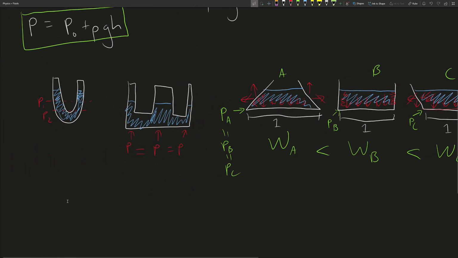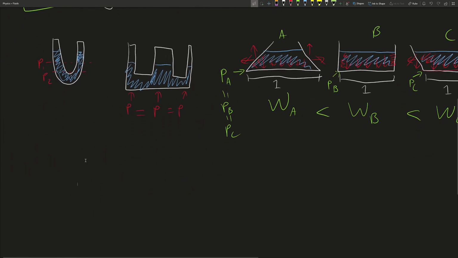And so another tricky problem here could be considering, again, a U-shaped tube, but then with two different fluids. So let's just say we have water here. So this blue fluid is water, and then we have another fluid, such as oil, that is less dense than water.